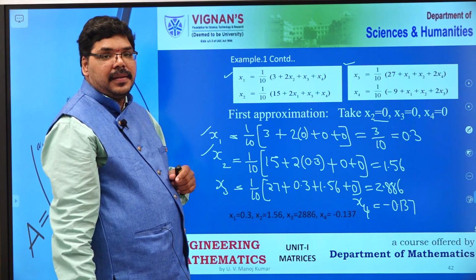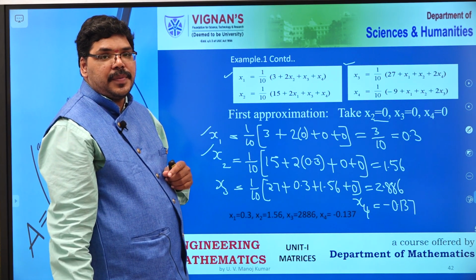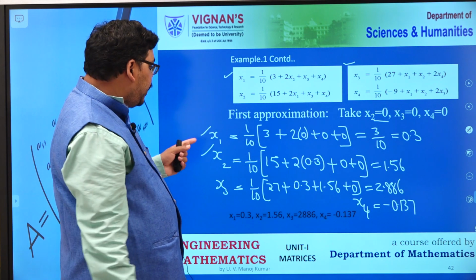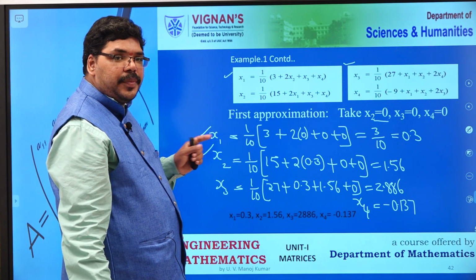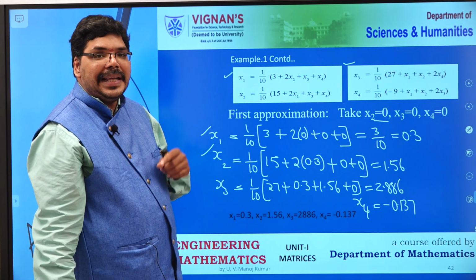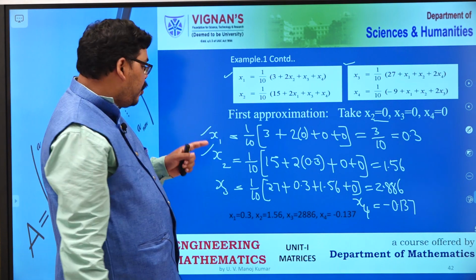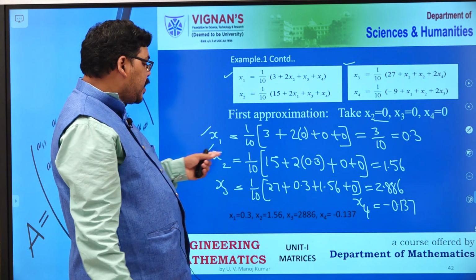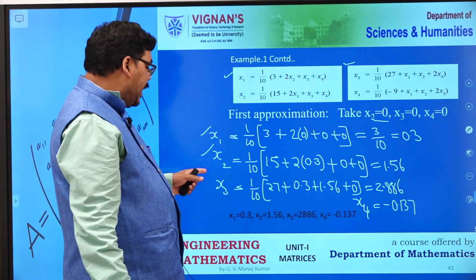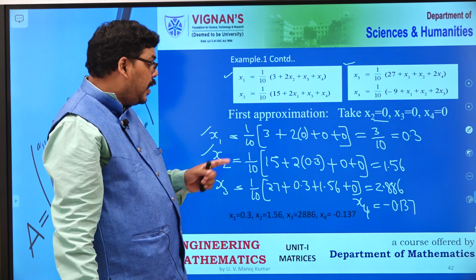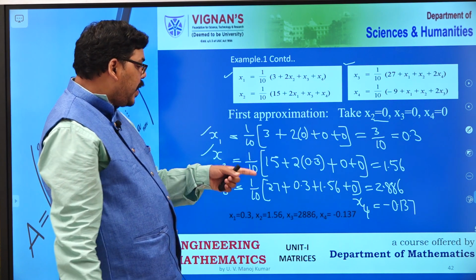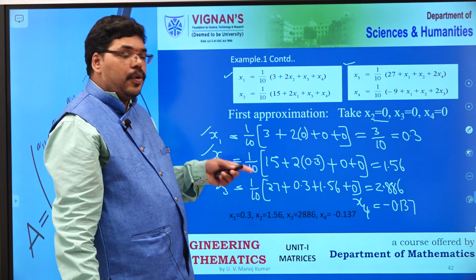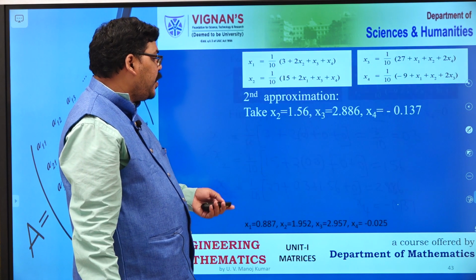So with this, we have calculated the first approximate values of the variables x1, x2, x3, x4. You have to note them down in order to calculate the second approximations. x1 first approximate value is 0.3, x2 first approximate value is 1.56, x3 value is 2.886, and x4 value is minus 0.137. So remembering these, we go for the next, second approximation.